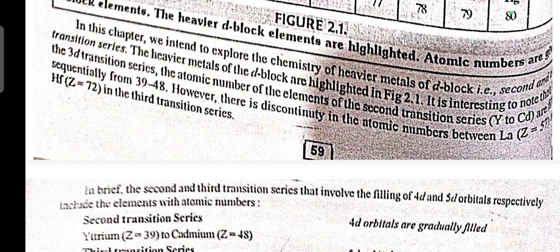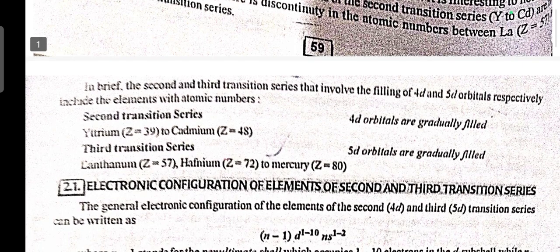It is interesting to note that, like the 3d transition series, the atomic numbers of the elements of the second transition series are filled sequentially from 39 to 48. There is a discontinuity in the atomic number between lanthanum, Z equals 57, and hafnium, Z equals 72, in the third transition series.